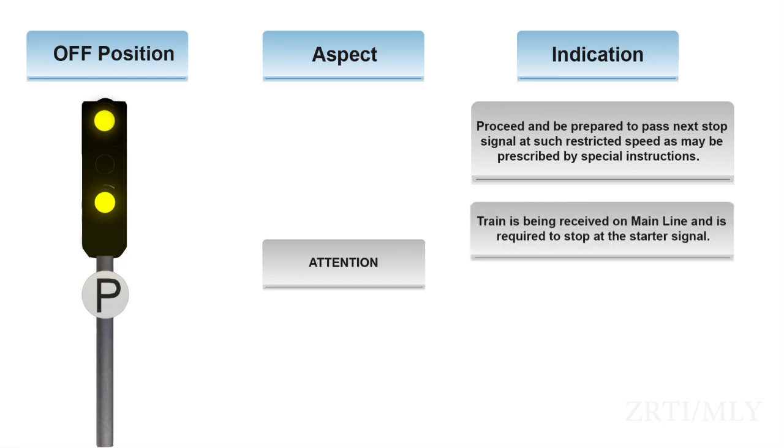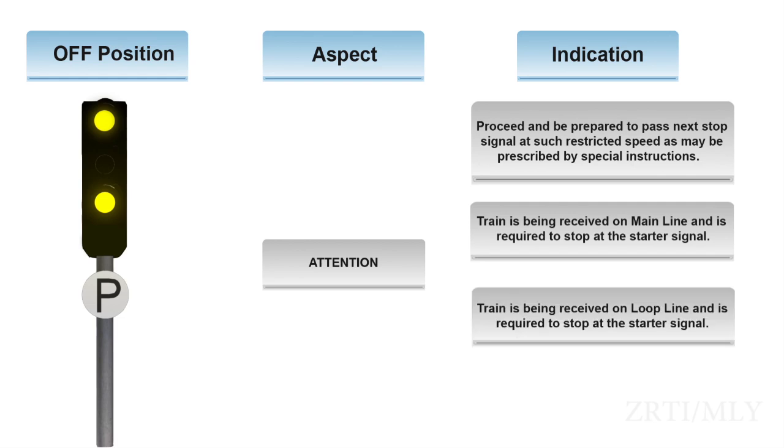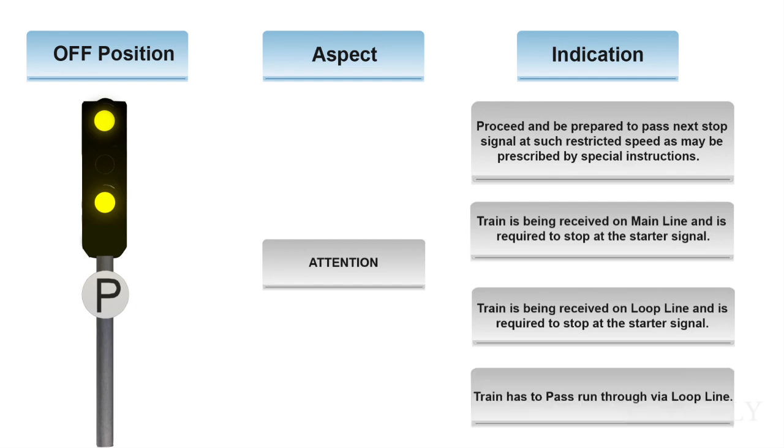That is, train is being received on main line and is required to stop at the starter signal, or train is being received on loop line and is required to stop at the starter signal, or train has to pass run through via loop line.